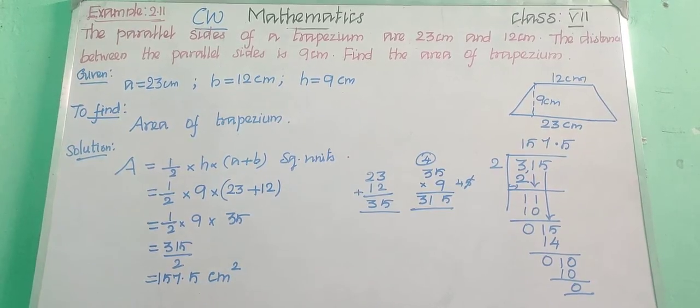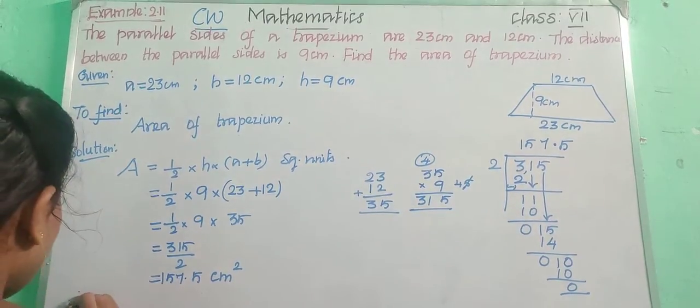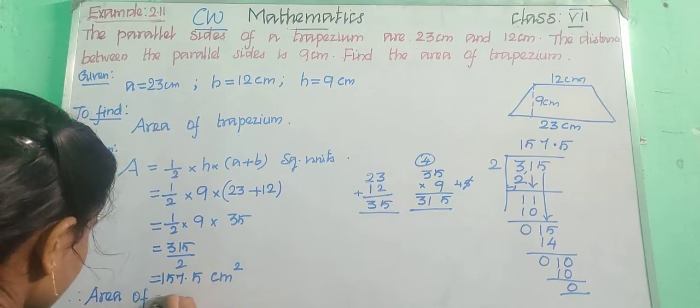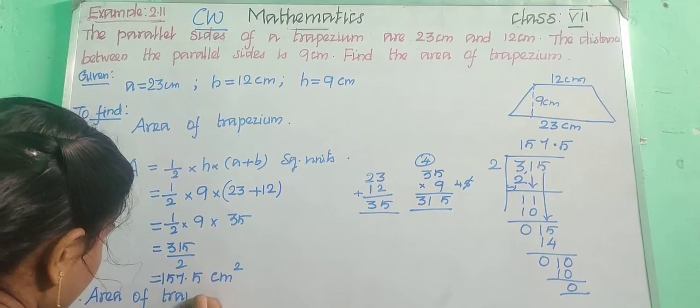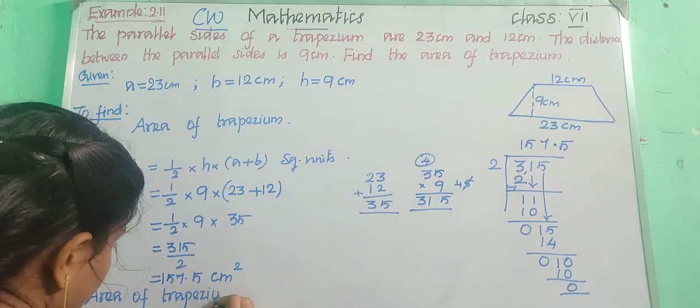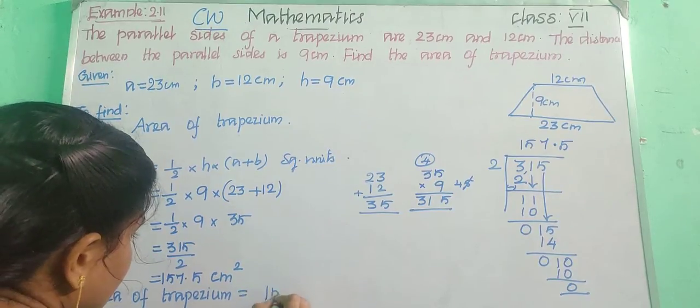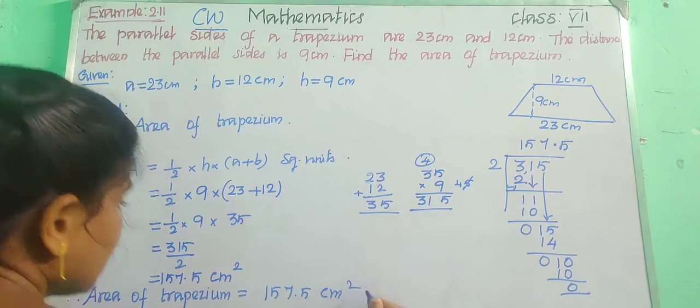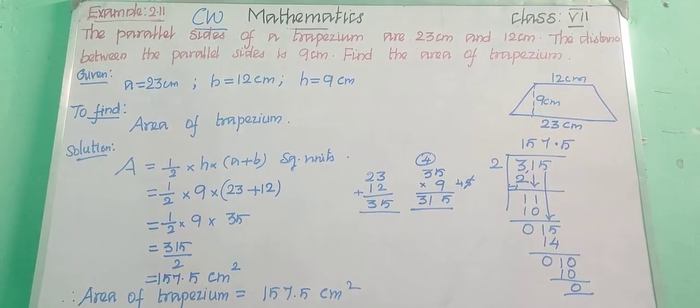Is it clear, children? Write the last answer. Therefore, area of trapezium equal to 157.5 centimeter square. Children, copy this in your classwork notebook.